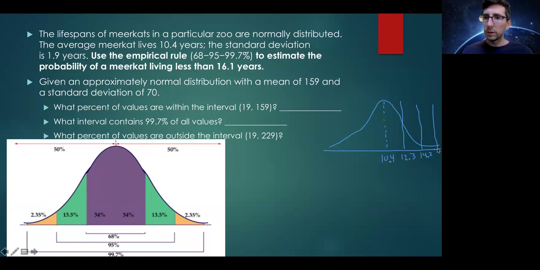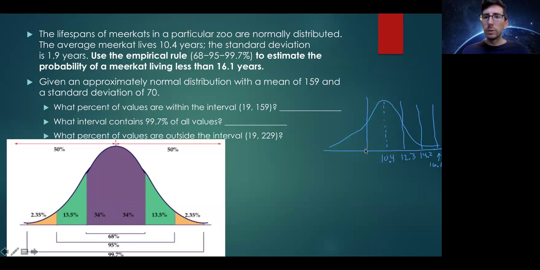Sorry, this is getting a little crowded. We add 1.9 to 14.2 to get 3 standard deviations above. This would be 16.1 up here. We can do the same thing.